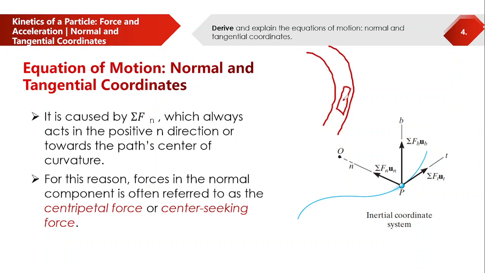You're actually experiencing a force, say you are here. What we're saying about the centrifugal force, or the normal component of the force, is that you experience a force going this way. This is what we call the normal force. Something pulls towards the center of the curvature. Let's say this is the center of the curvature, then you experience a force that seems to pull you in this direction.